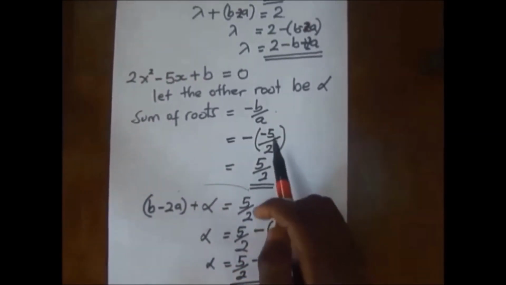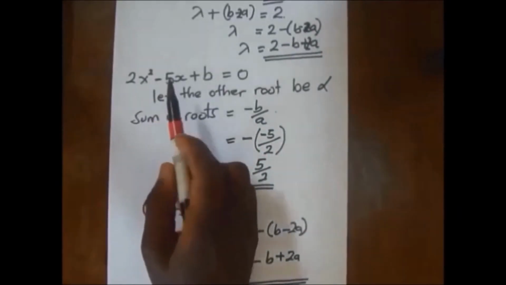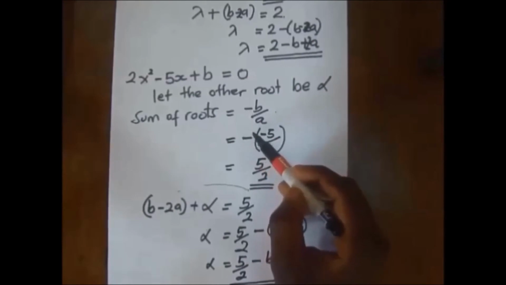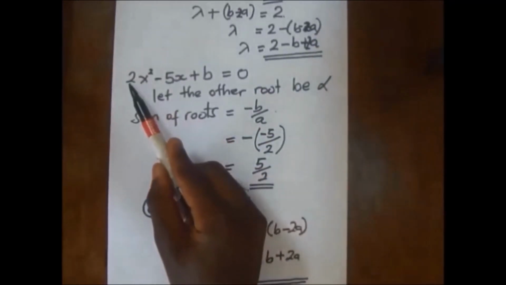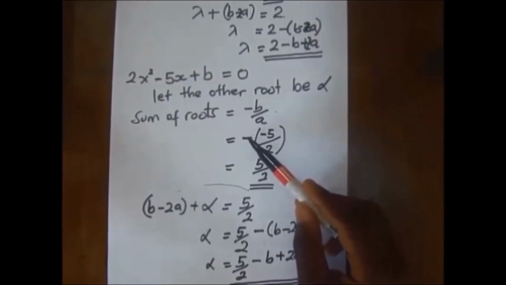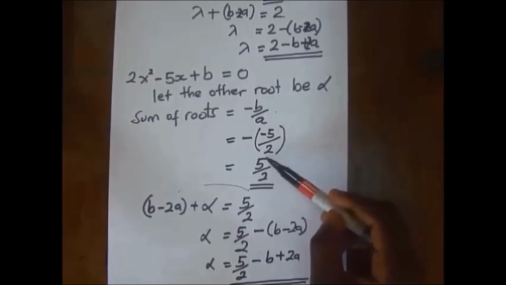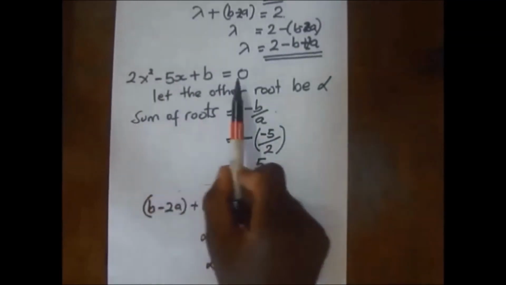So in this case, what is b? b is negative 5. So we substitute here, it's going to be negative b, which is negative negative 5 over a. What is the value of a? The coefficient of x squared, it is 2. So it's negative negative 5 over 2. Negative times negative will give us positive. So it's going to become 5 over 2. So this is the sum of those two roots for this equation.